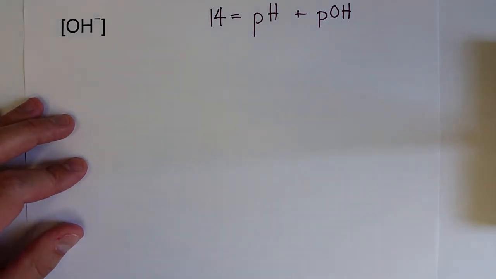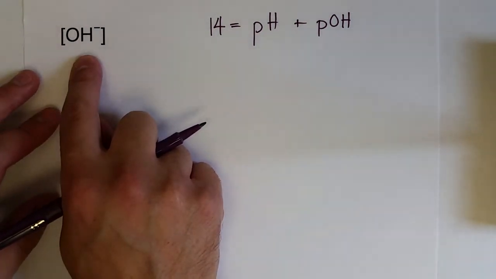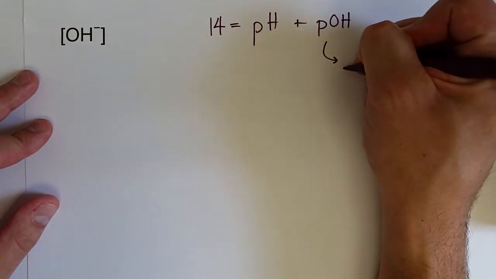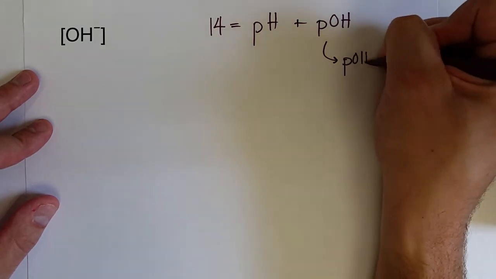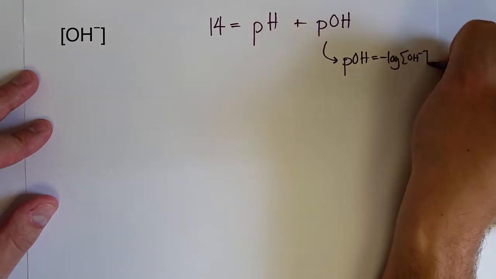That's a very common equation to use when you have the hydroxide ion concentration. What's the pOH? Well, it's the same thing as the pH, except of course it is the negative log of the hydroxide ion concentration.